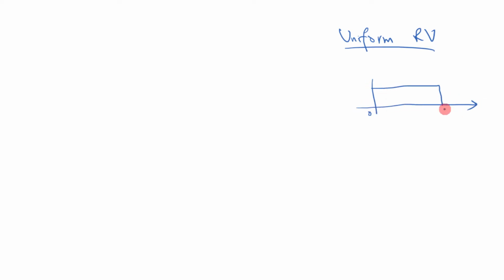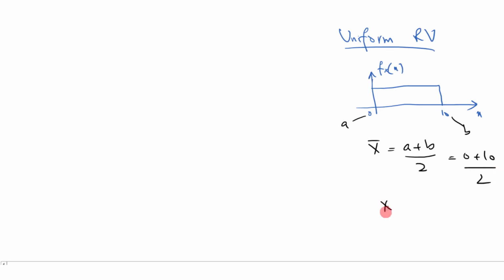It is valid from 0 to 10, and if you want to calculate its mean or average, you know that you have already determined this expression: x bar is equal to a plus b over 2, where a is equal to 0 and b is equal to 10. Then 0 plus 10 over 2 is equal to 5. So this uniform random variable has an average equal to 5.